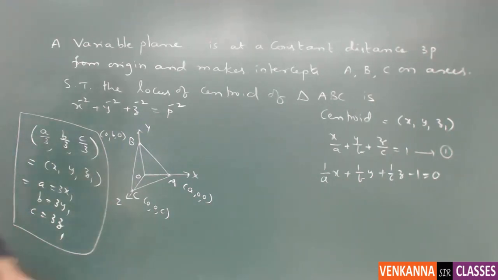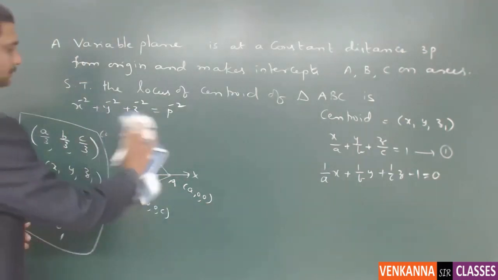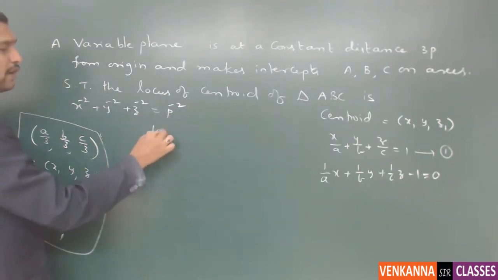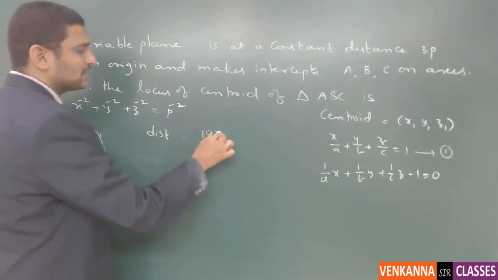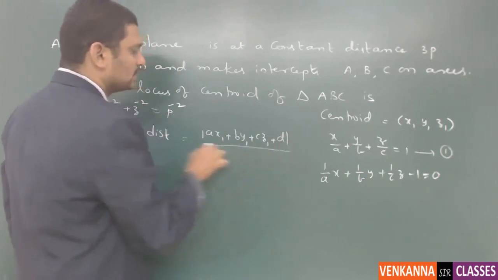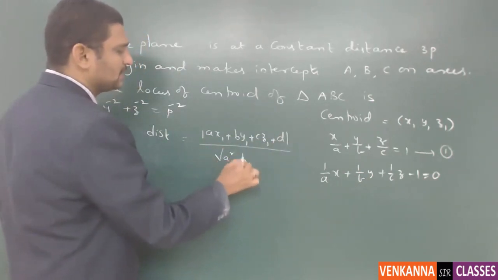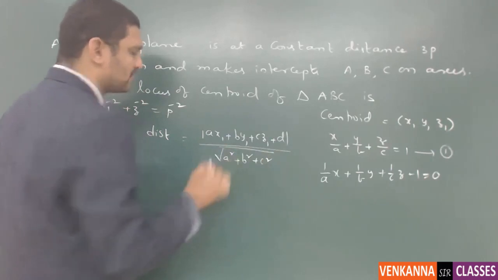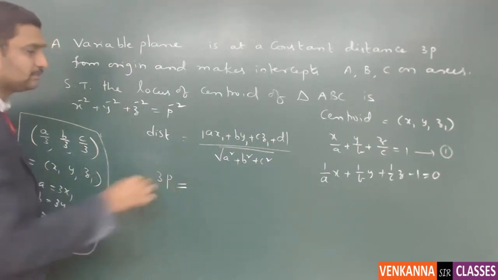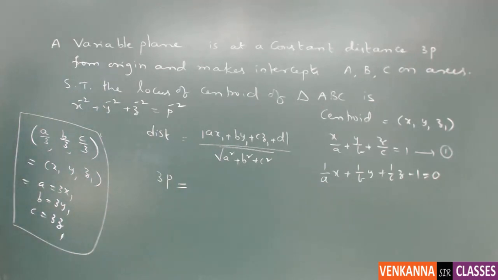So if you apply the distance formula, the distance is equal to modulus of ax1 plus by1 plus cz1 plus d, divided by square root of a square plus b square plus c square. Here the distance is given as 3p, and x1, y1, z1 is the point from which we are calculating the distance, so it is 0, 0, 0.